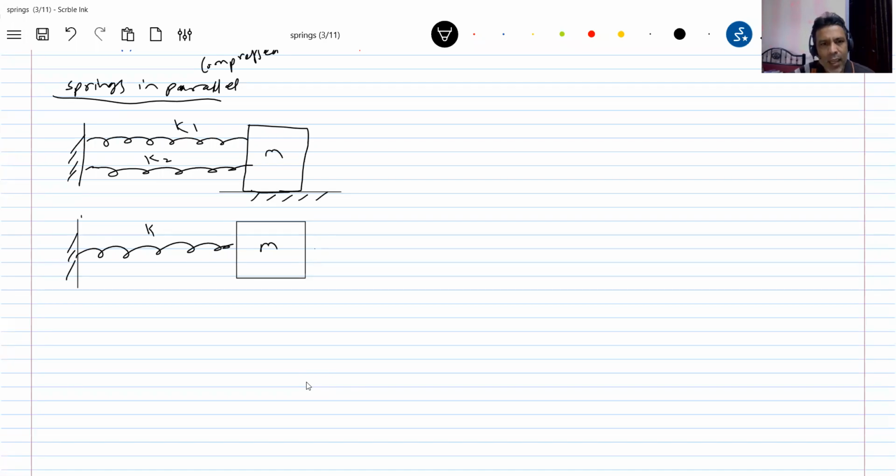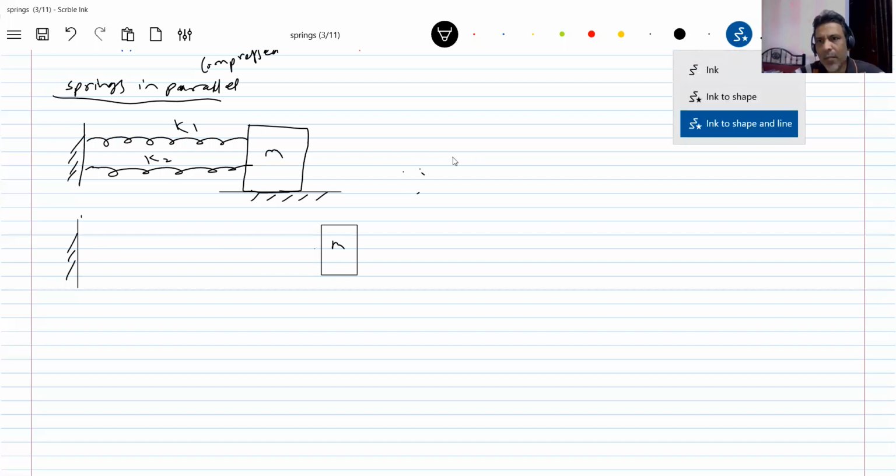Now the method is, I'll displace this block. Will both springs have the same elongation?